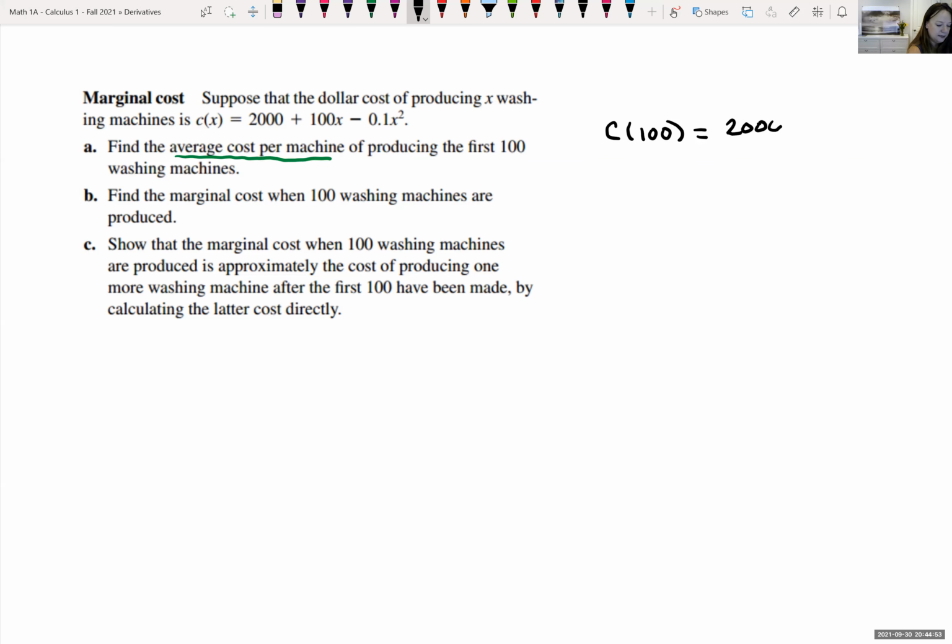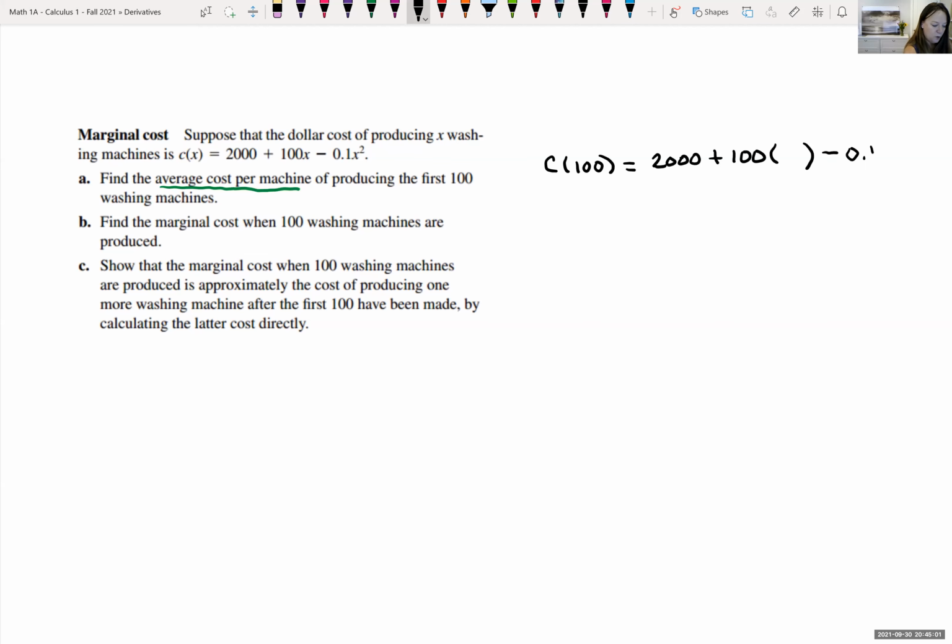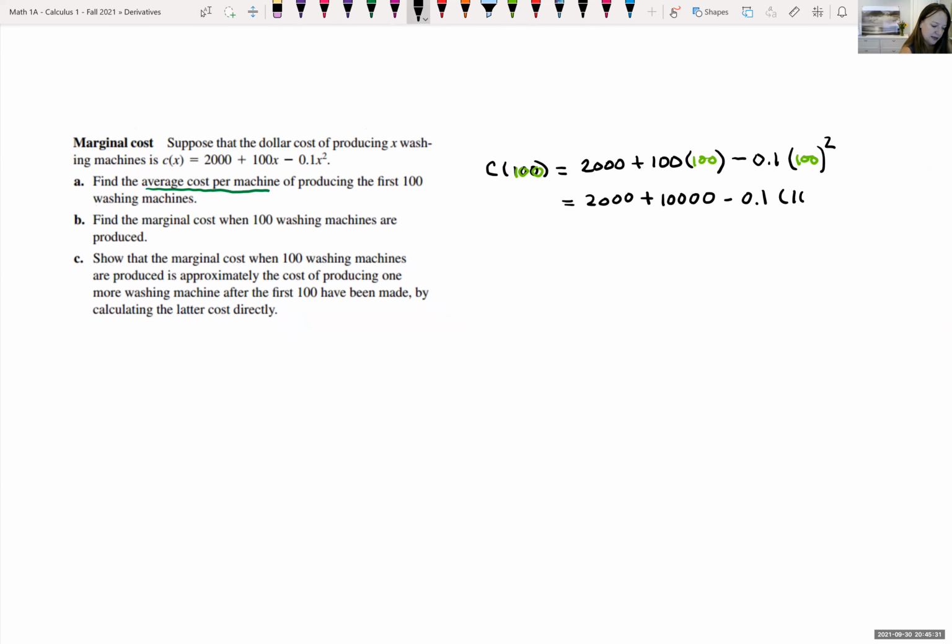So I have 2,000 plus 100 times 100, minus 0.1 times 100 squared. So I have 2,000 plus 100 times 100, that's 10,000, minus 0.1 times 100 times 100, so times 10,000.